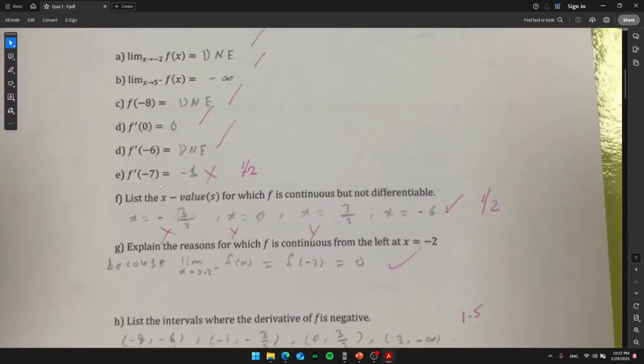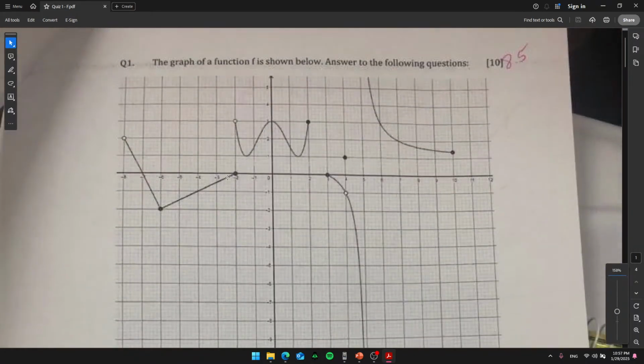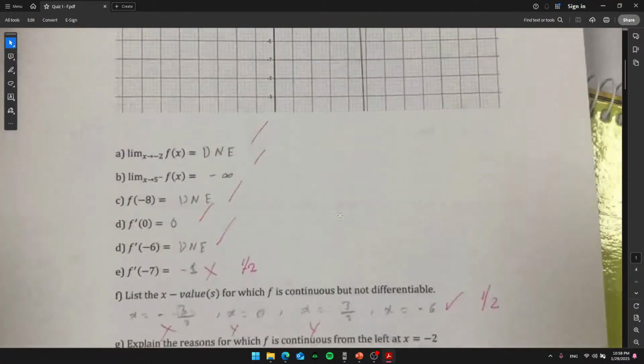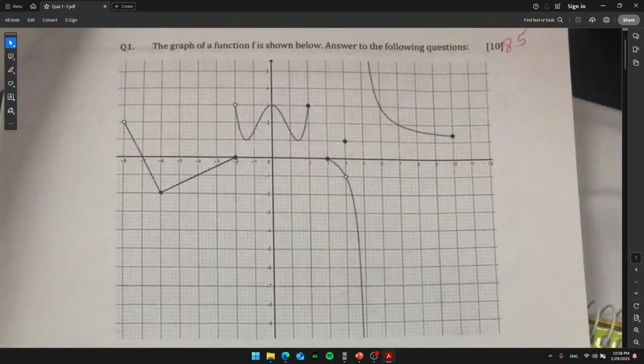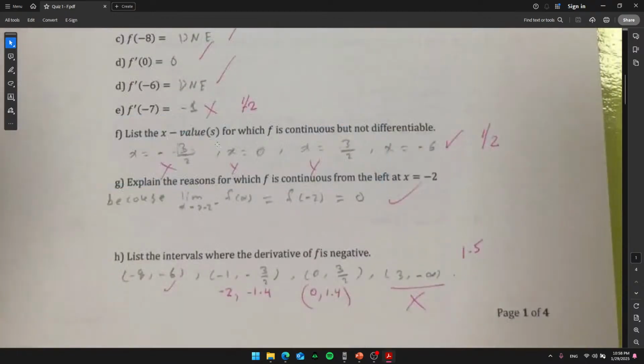I don't know, negative 1/2? But it's negative something because it has a negative slope. List x values where f is continuous but not differentiable. Only negative 6. Yeah, only negative 6. 3/2, 0. Oh my god.